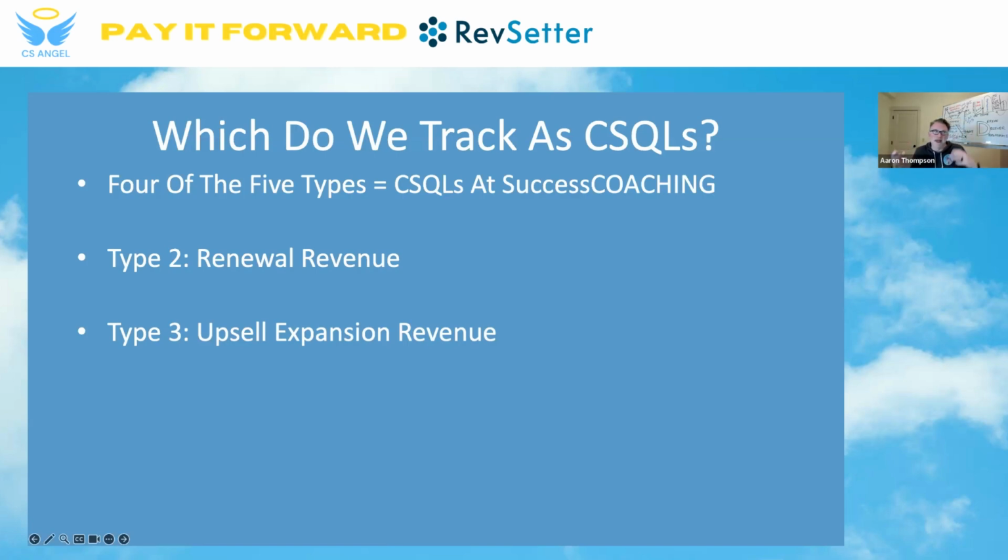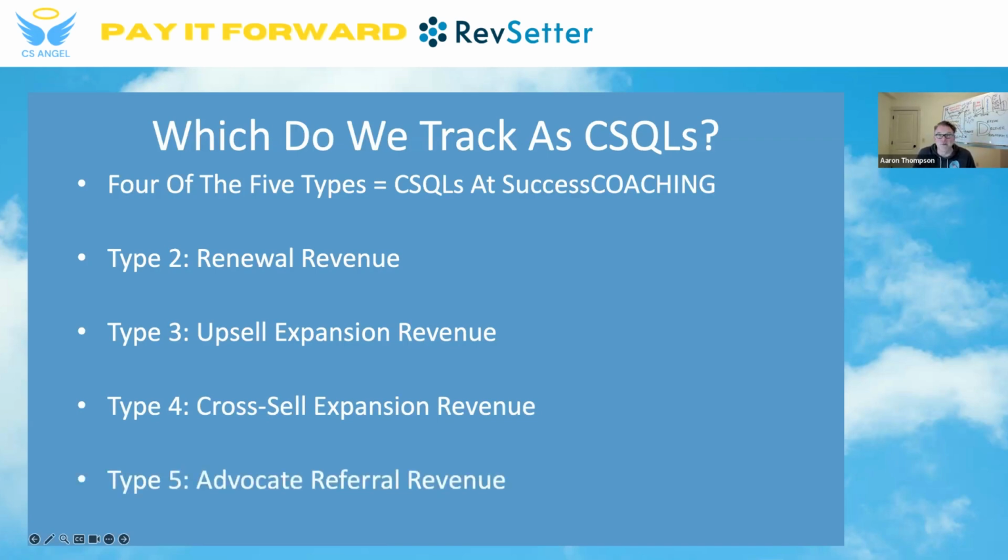If the AMs are involved, or there's some professional services or some other parties involved, it might be a blend of what we all did to collectively make them successful and make them want to buy more. If they want to buy other things, that's another aspect that should go into your CSQL number through the cross-sell expansion number. And then finally, advocate referral.